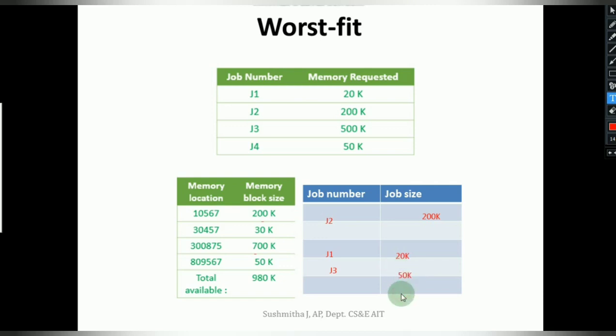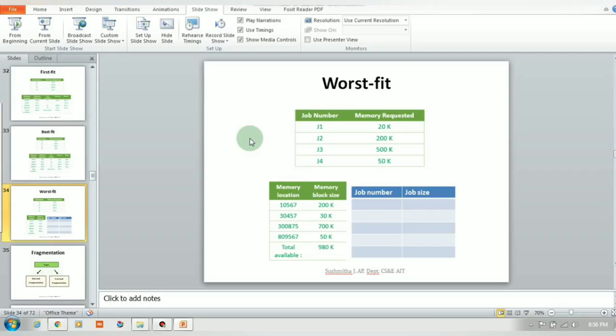Now we can notice that the total available size was 980K, but how much of it was used? Just 270K is used, and J3 is unassigned. So we can again see some fragmentation. We can compare this with the best fit.